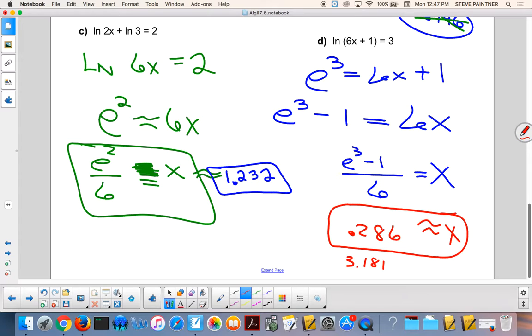You just do the top stuff. Destiny, maybe you should tell your calculator, just get the top answer with parentheses, divided by 6. Okay, 3.181. These are all natural log equations. Convert them to exponential, solve them. Okay?